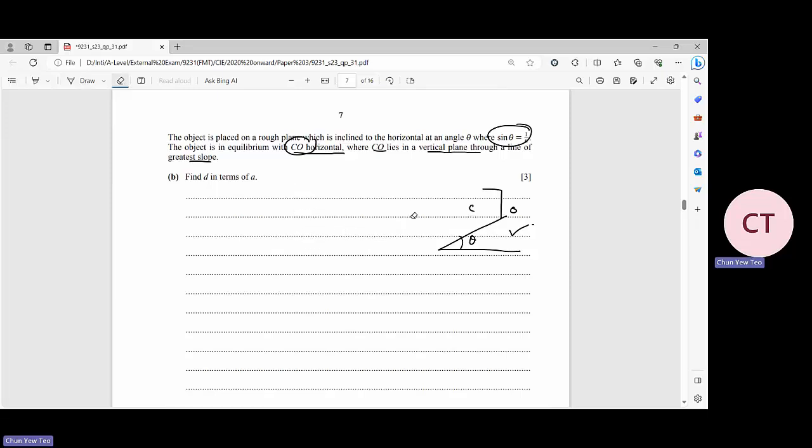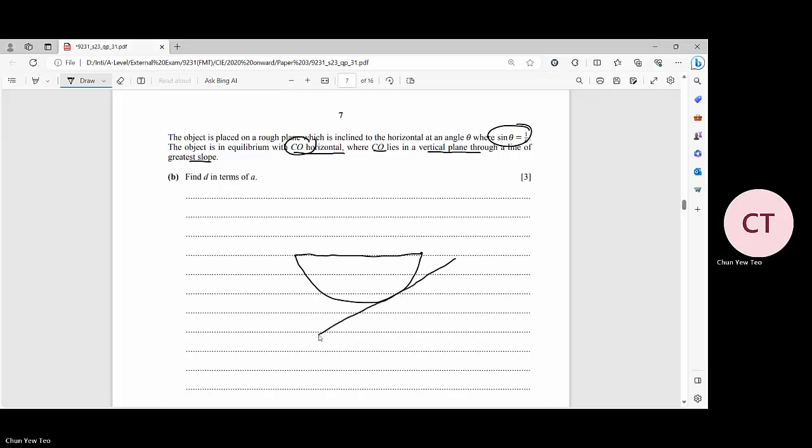So now let me draw this diagram properly, bigger and clearer, so that we can see how to solve the question. So we have an object. Okay, I think I need a bigger diagram. Let me erase it. Let me draw it like this. Draw the hemisphere first. So you have, okay, put it like this.